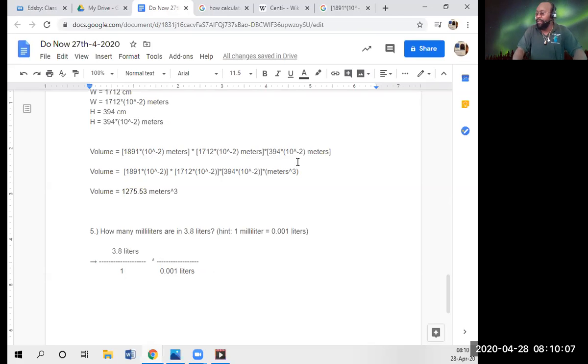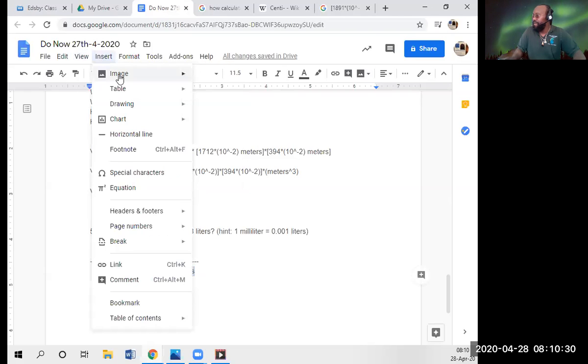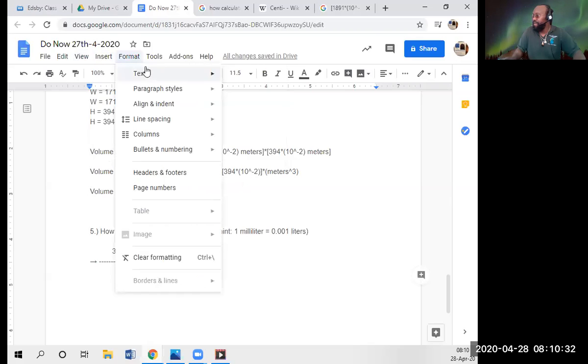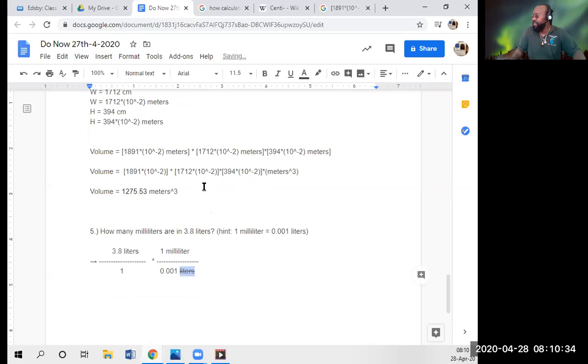It's the equivalent thing. So that's 1 milliliter. Now I can cancel out the liters, right? So I'm going to do this. Strike out and strike out.